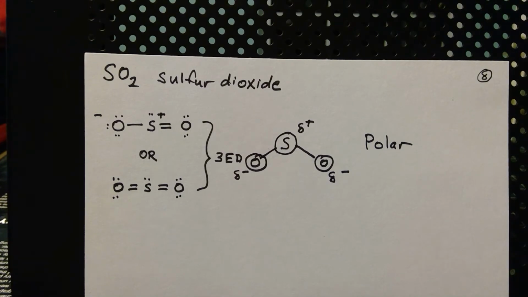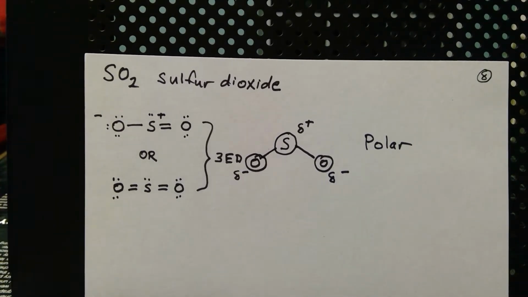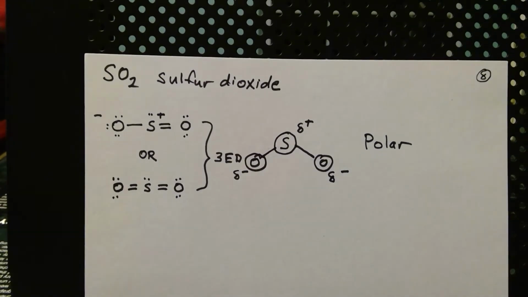And even though that's incorrect, you come up with the same conclusion. It's polar. Because being polar is caused by a combination of the difference in electronegativities and the shape. And even if you have the comparison wrong with electronegativities, you still have a difference. So it's a little bit forgiving, which is a nice thing. So let's look at the next one.